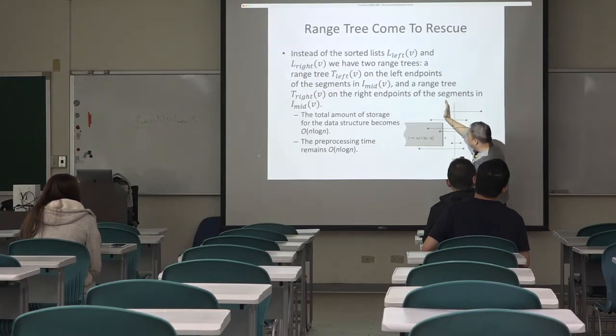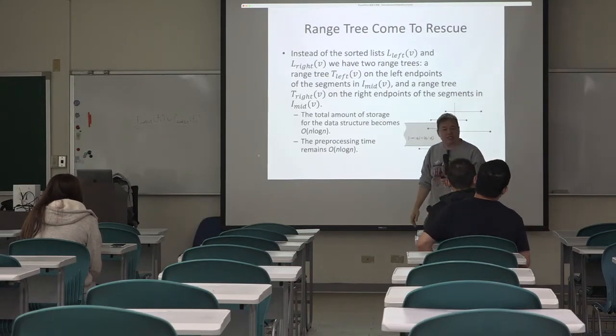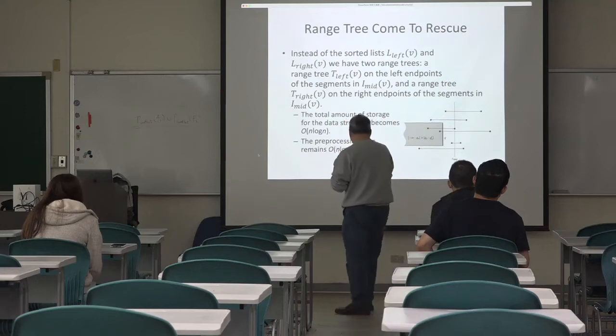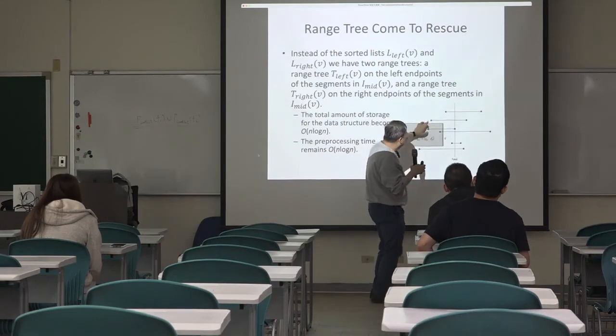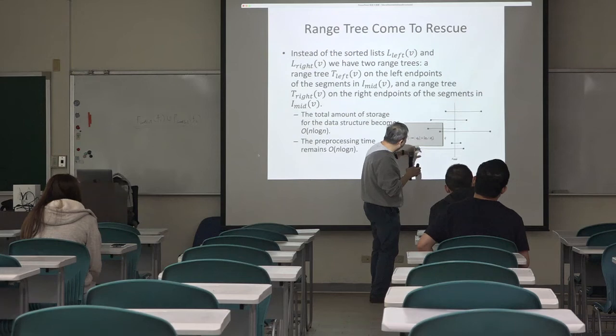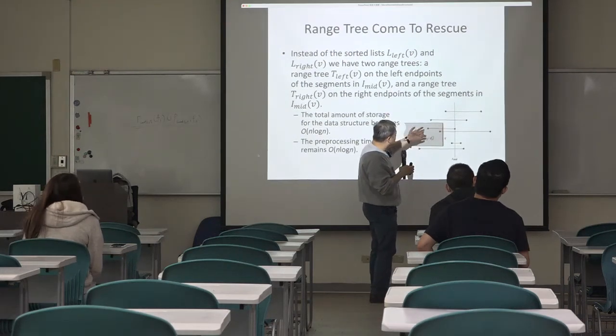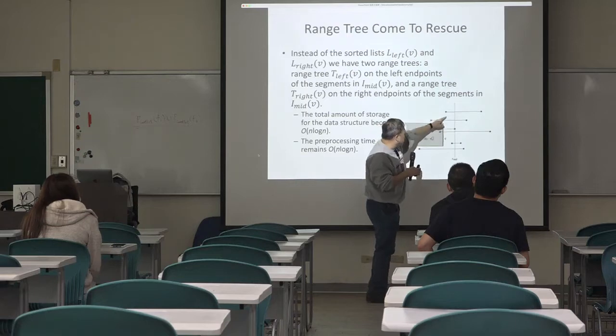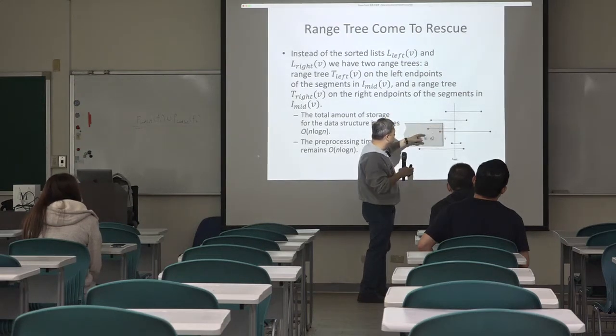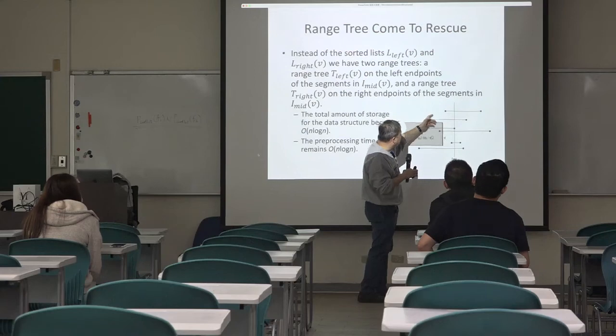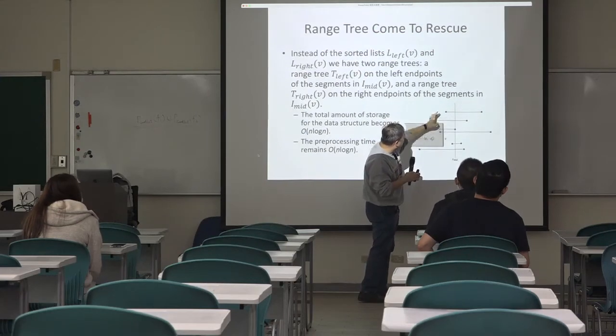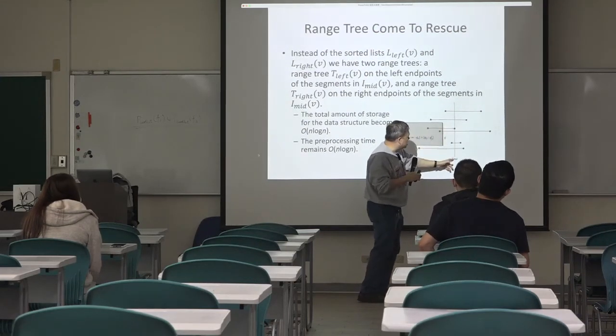So we consider all the left endpoints of the intervals in the I mid, and we are trying to answer if some points fall in this range. And this could be an arbitrary query, as long as this line segment falls in the left side of x mid, right?